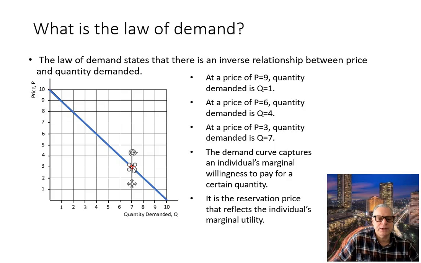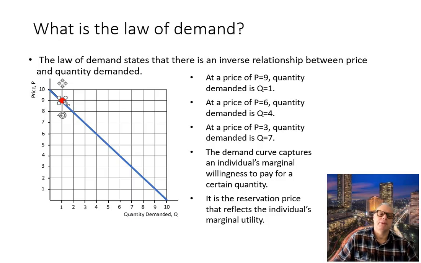When you go to a restaurant and you want to have your first drink, you probably crave that a lot, and your willingness to pay for the first drink is much higher.